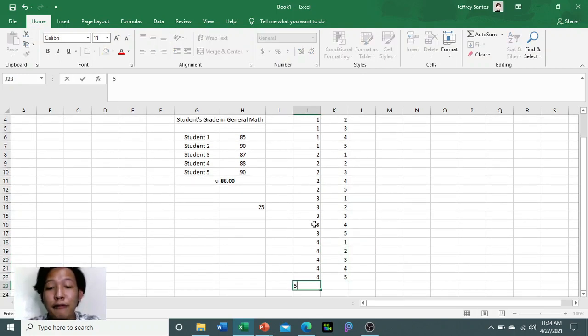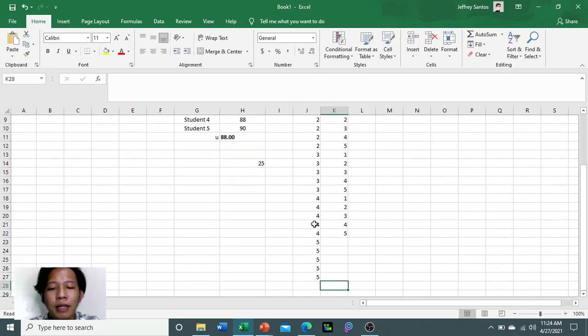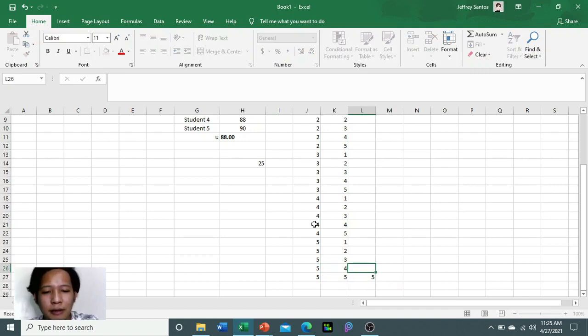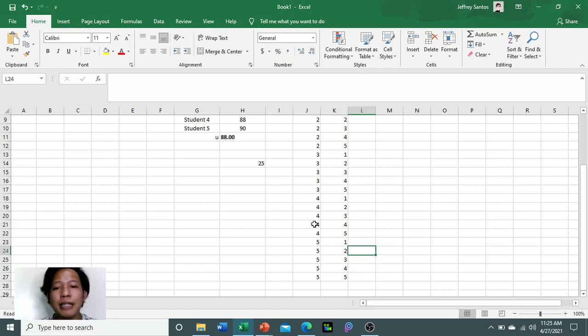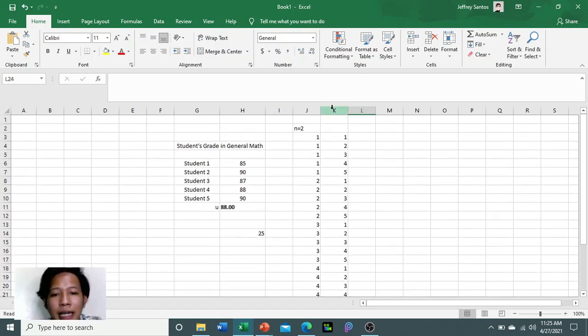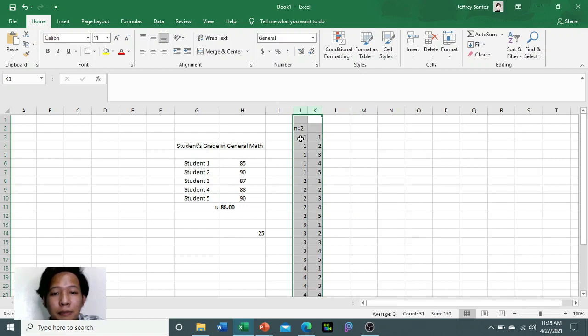And lastly, we have 5,1, 5,2, 5,3, 5,4, and 5,5. Okay? So, these are the possible combinations that we can get in our sample.